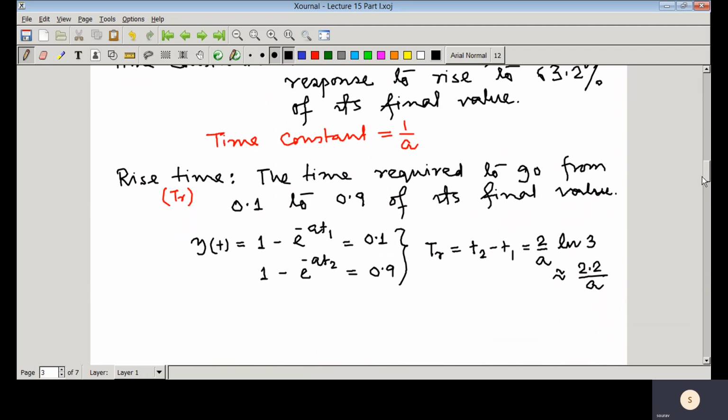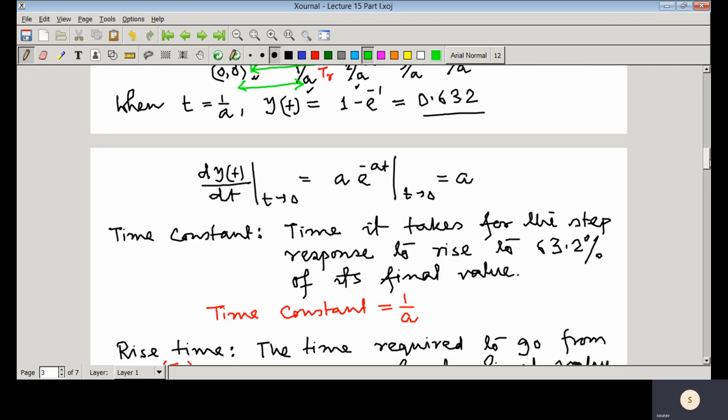So in case of a first order system, the rise time is defined as the time taken to go from 10% to 90% of its final value, and here we have calculated that it is nearly 2.2 by a, and 1 by a is the time constant.